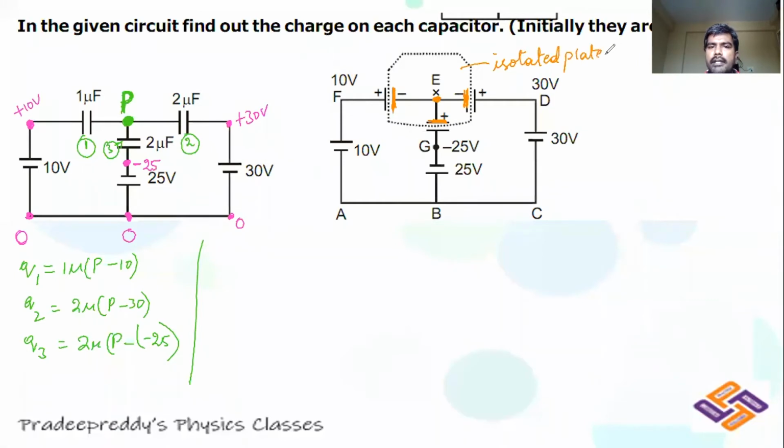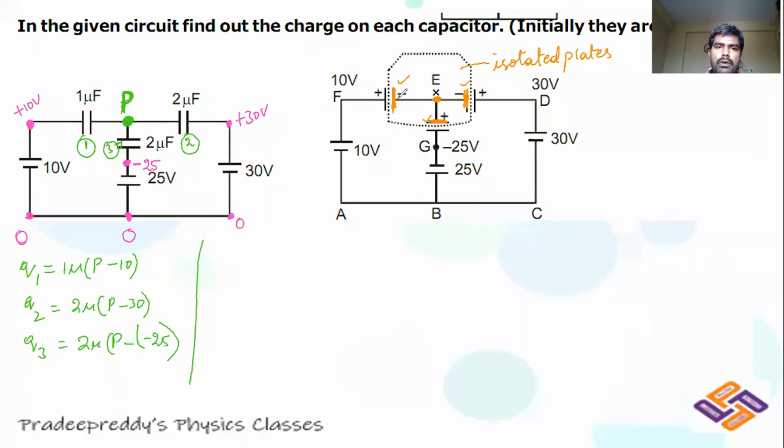As these are isolated plates, they are not connected with any other. There is no connection between negative and positive. A capacitor is nothing but 2 plates, and there is no attachment between those 2 plates. So this is one plate, and this is the other plate, and this is the other plate. These 3 are isolated plates.